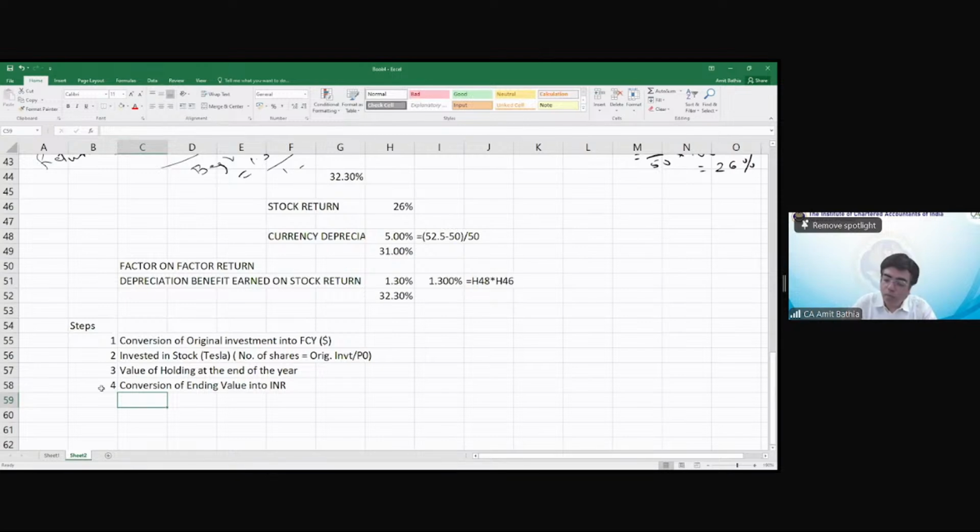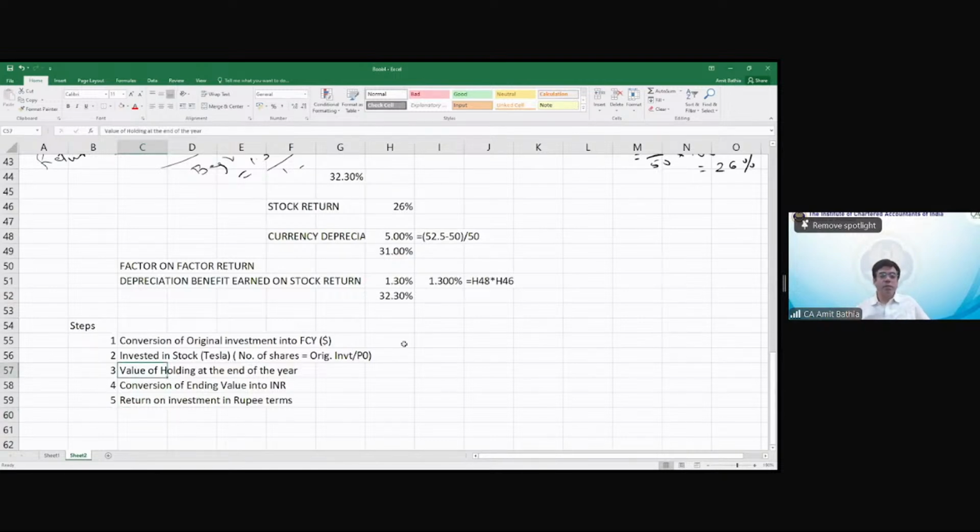Am I right? And then I calculate return on investment in rupee terms. Let's check, are these the 4 steps which we did?